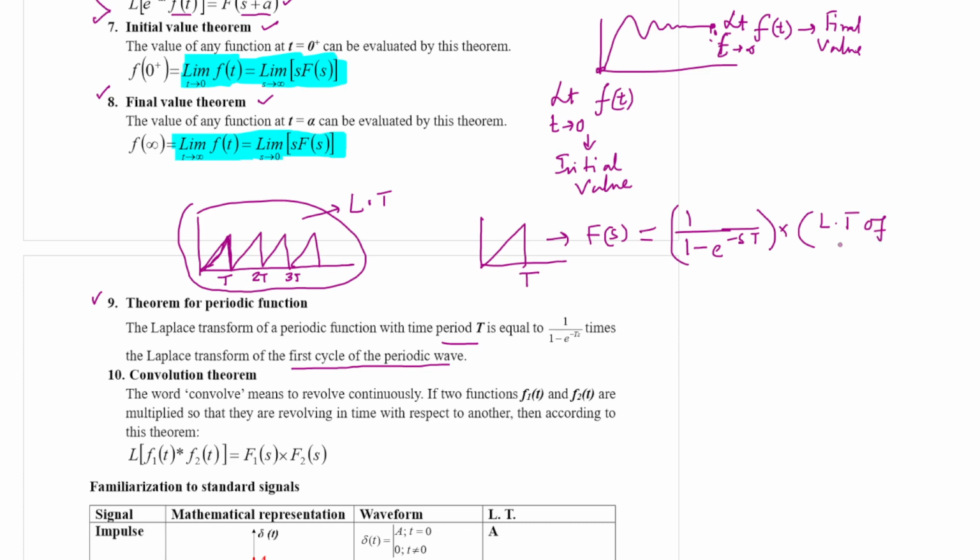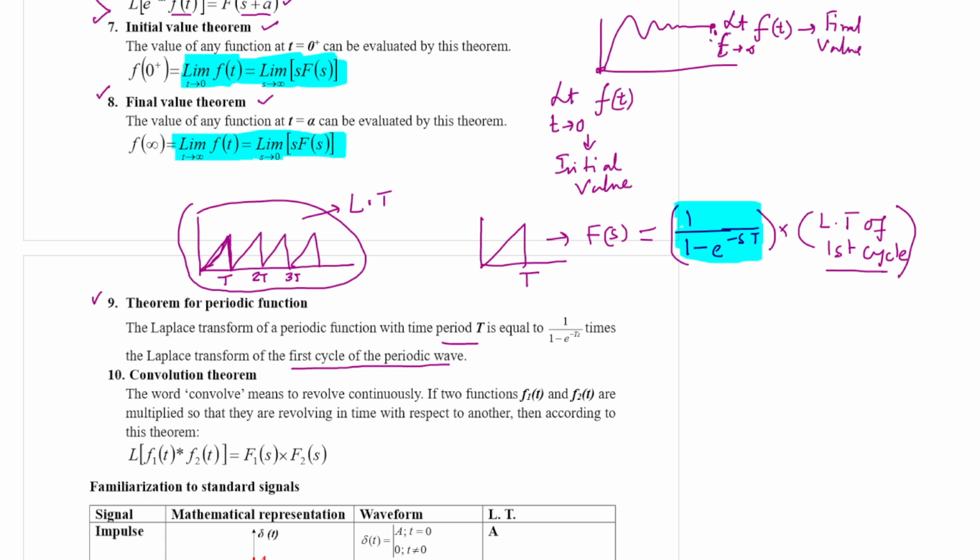Whatever that is, you must multiply that answer by the term 1 by 1 minus e to the power minus sT. If you multiply this factor with the Laplace transform of the first cycle, you get the Laplace transform of the entire signal.